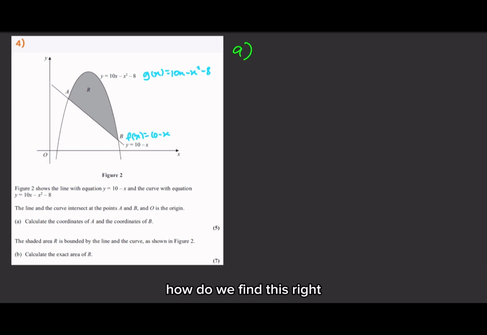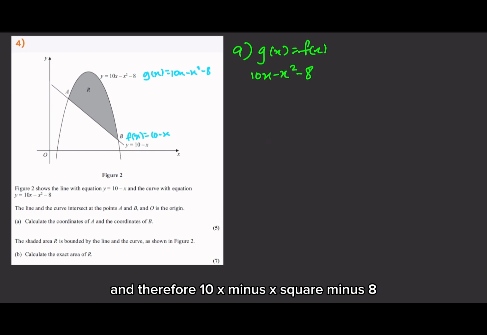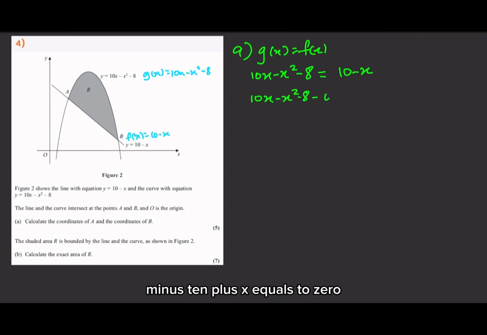How do we find this, right? You will find that these are the points where they intersect, and therefore this is the point where g of x should be equal to f of x, and therefore 10x minus x squared minus 8 equals 10 minus x. When you bring all of it to one side, 10x minus x squared minus 8 minus 10 plus x equals 0.